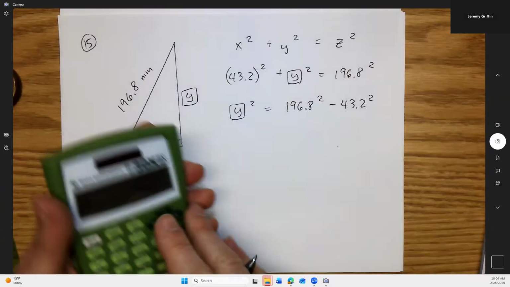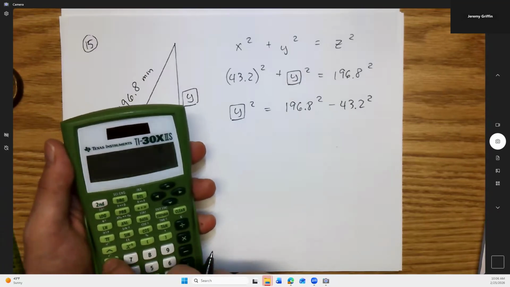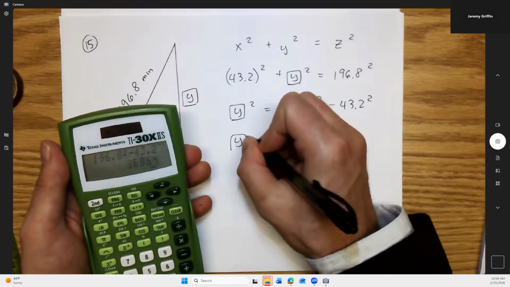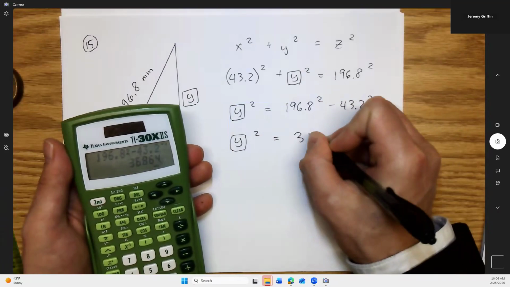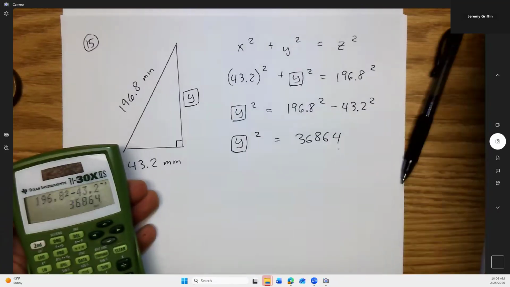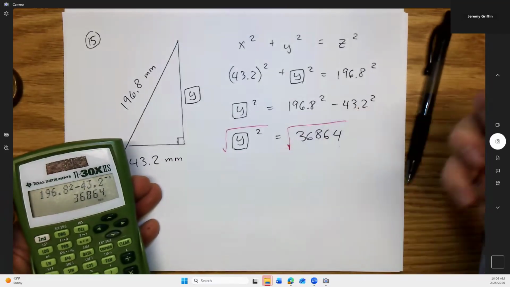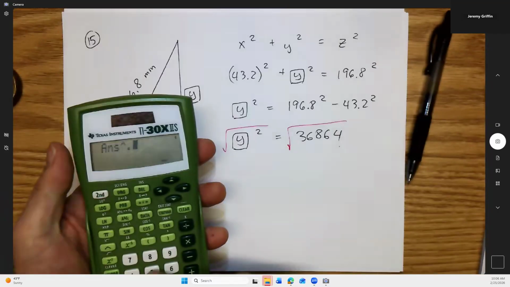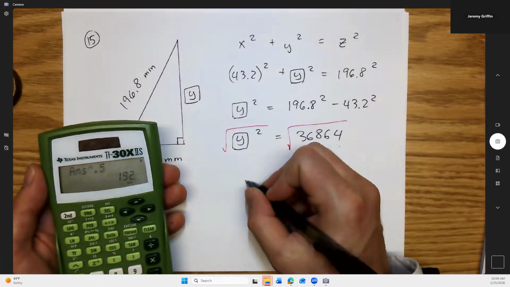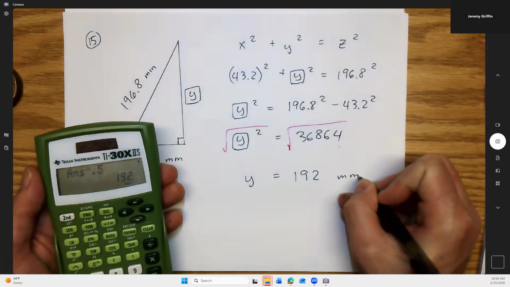That's 36864. Last step, let's do square root of both sides, so power 0.5. I'm getting 192 millimeters exactly.